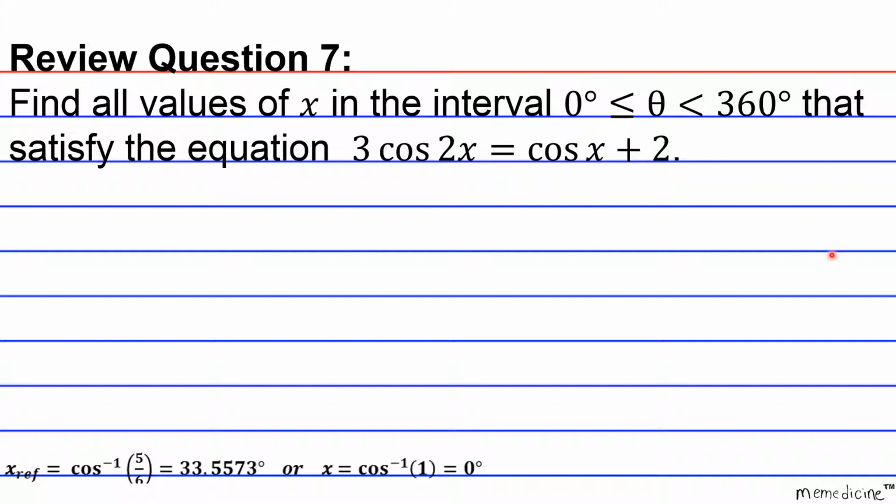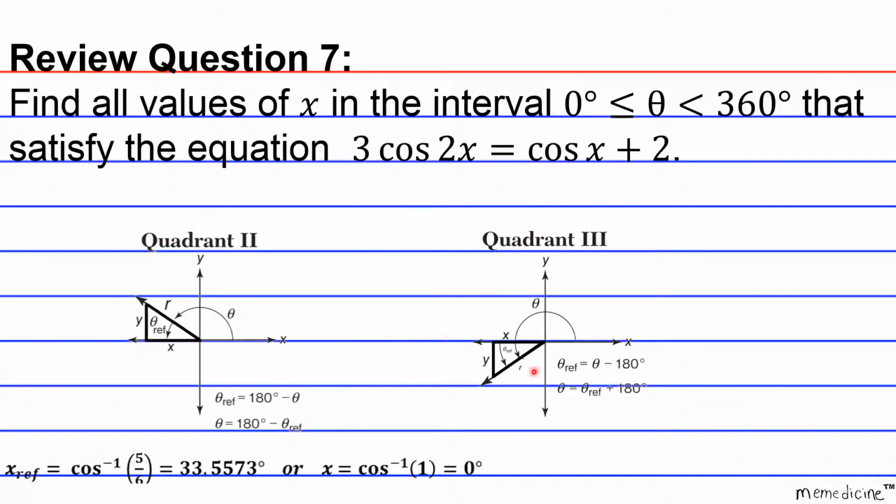Now, in the interval from 0 to 360, the cosine is negative in quadrant 2 and also in quadrant 3. And the reason for that is basically what I said before.